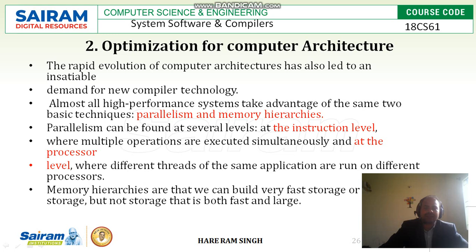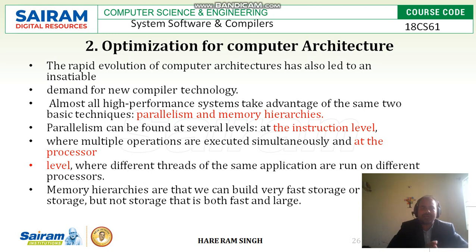Parallelism can be done at different levels. One is at the instruction level, where multiple operations or multiple programs are executed simultaneously by the processor. Another is at the processor level, where different threads of the same application are run on different processors. Next is memory hierarchy: we can build very fast storage or very large storage, but not storage that is both fast and large.